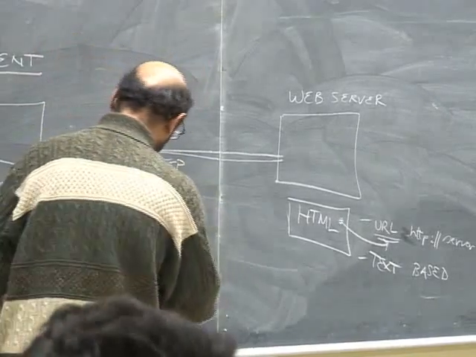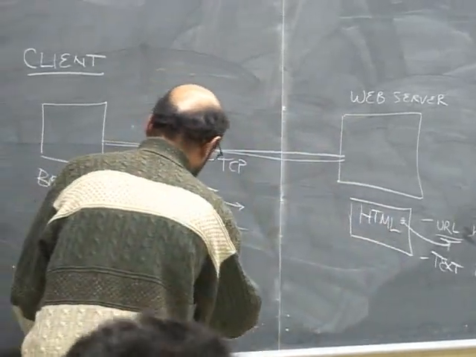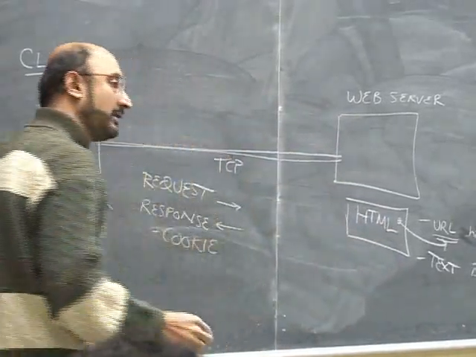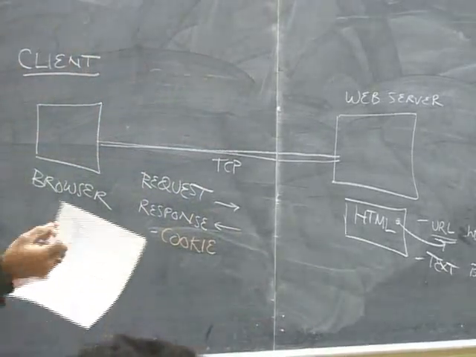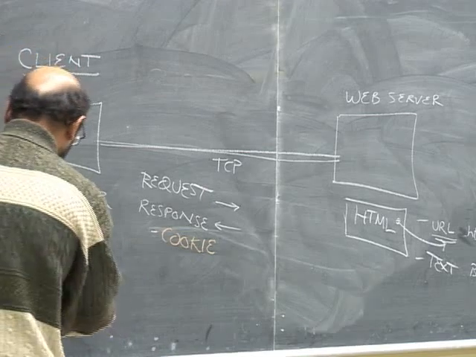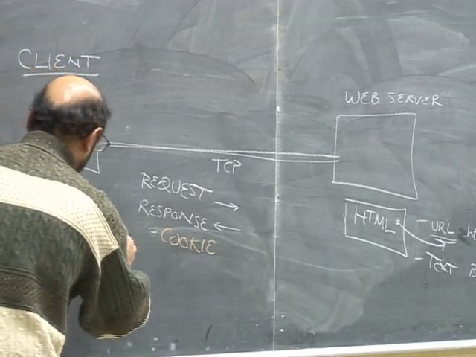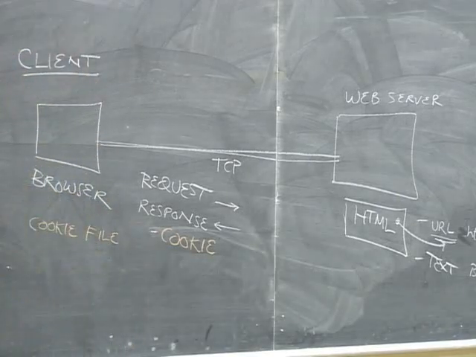When the response comes back, the response has part of it something called a cookie, which is just a long number, just a string or a number, okay? And what the browser does is it keeps it in a cookie file. Stores it, right?